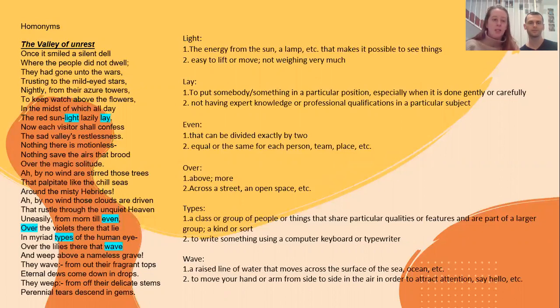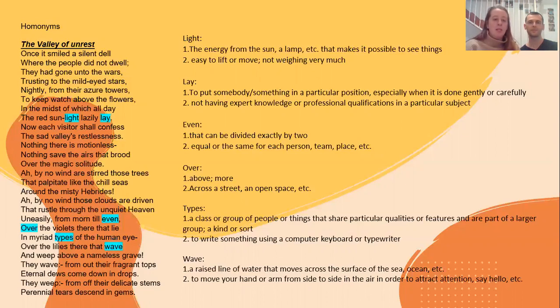Over is another word which has a homonym. In this poem, it means above or more, in this case, above. But its homonym means across the street, an open space, etc. Types is another word that has a homonym. In this poem, it means a class or group of people or things that show particular qualities.